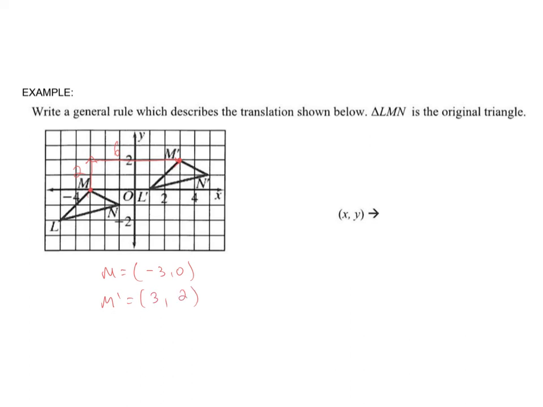And you can see it went Y plus 2 and X plus 6. So our translation is 6, 2 of triangle LMN. Okay, so that's exactly what you want to write in.